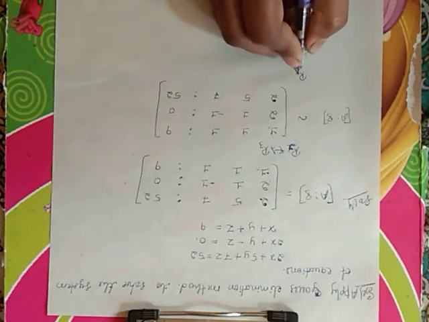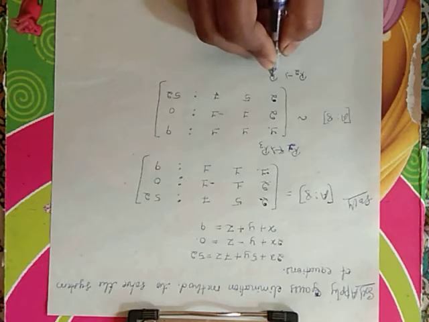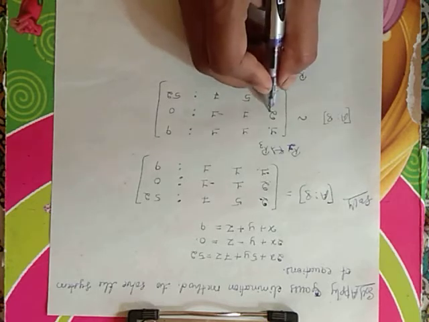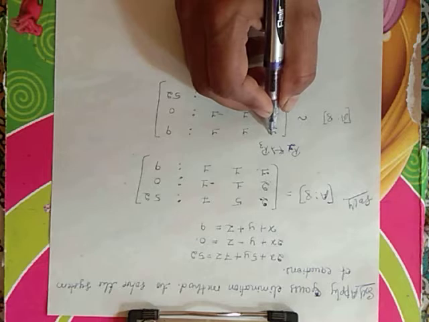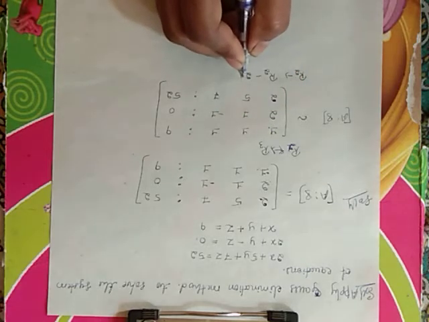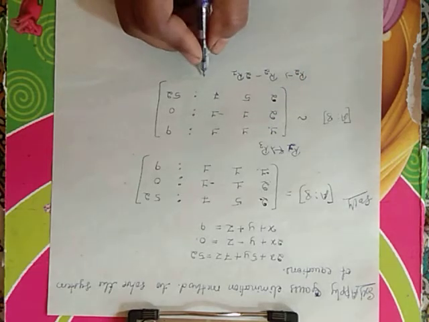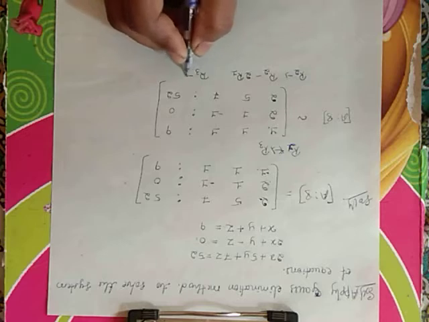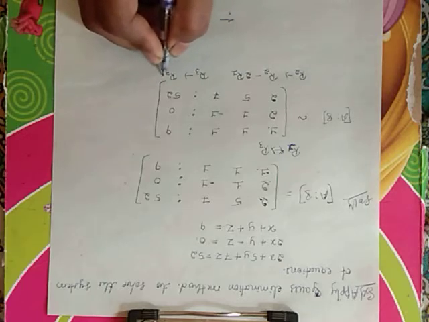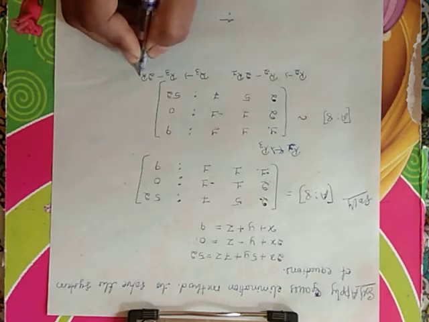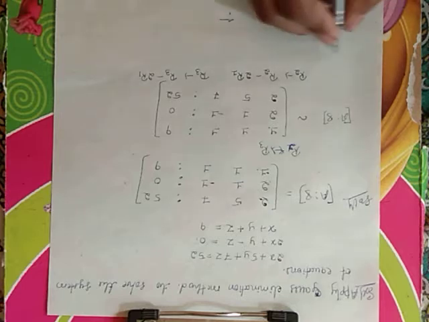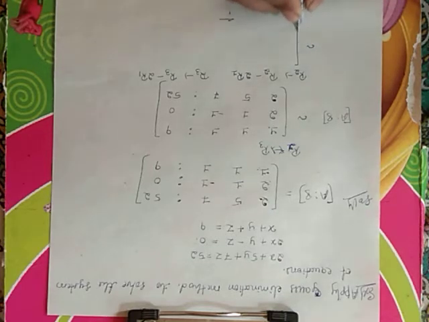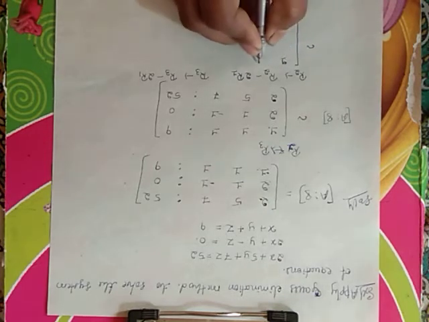Now, using this element, make these two elements 0. R2 tends to R2 minus 2 into R1. Similarly for R3, R3 tends to R3 minus 2 into R1. Now your augmented matrix becomes: write down the first row as it is.